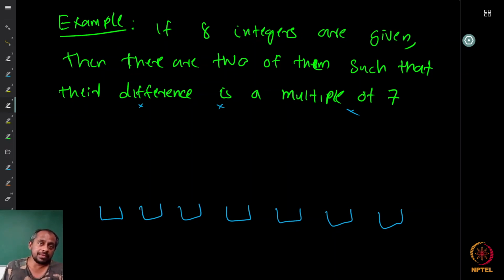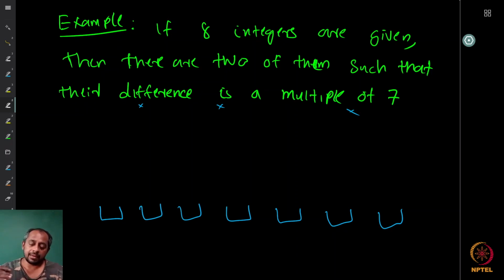Well, if they have the same remainder when divided by the number, then that remainder will be gone in the difference, and the difference will be a multiple of the number we are talking about. The remainder will be 0, and then we get a multiple. And that is what we are going to use here.